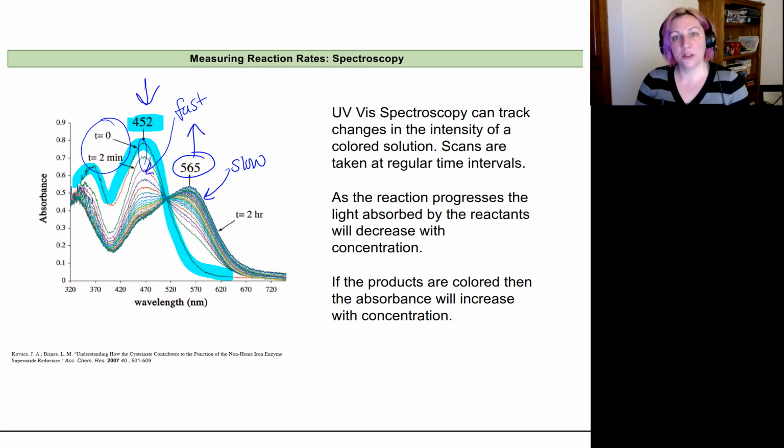And so here what we're doing is we're taking scans of how the compounds absorb light every 2 minutes, right? And so you're taking it at regular intervals of time and seeing how the concentration changes, but as measured by a change in absorbance decreasing if the compound's decreasing.